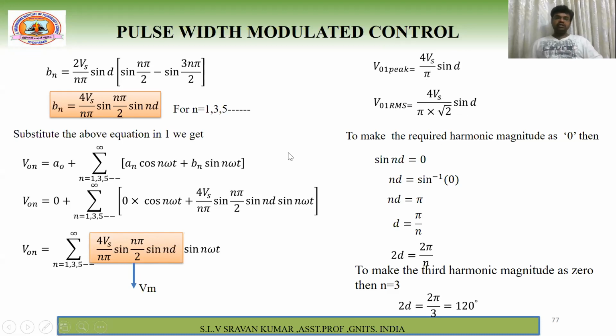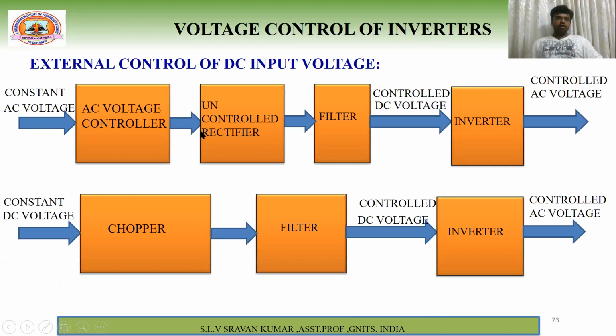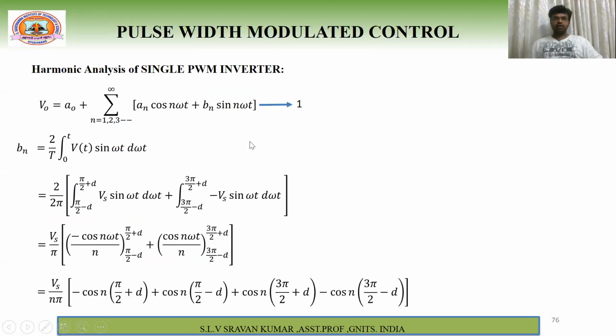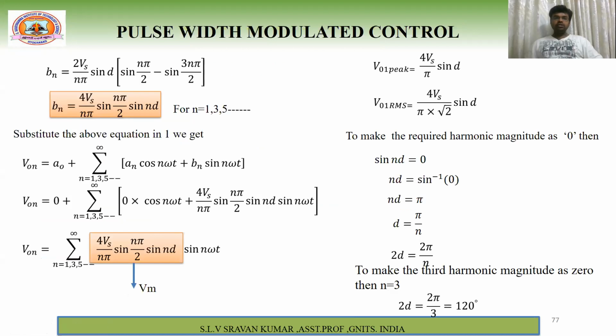Now, the second point here, the first one already completed, is to reduce the lower order harmonics, right? That part we will discuss now. Now, by using this pulse width modulation, which harmonic are you making 0? By using this single pulse width modulation, you are going to make some required harmonic component 0. That may be 3, that may be 5, that may be 7.